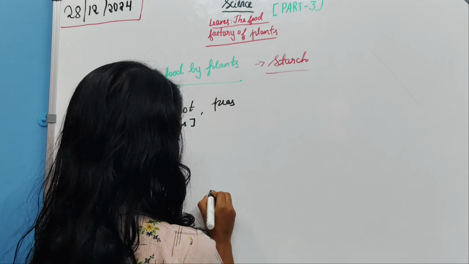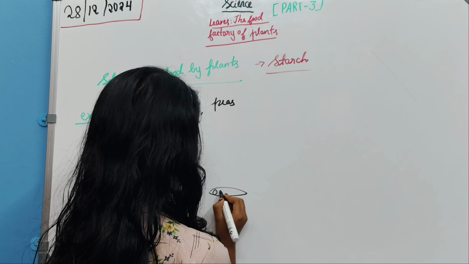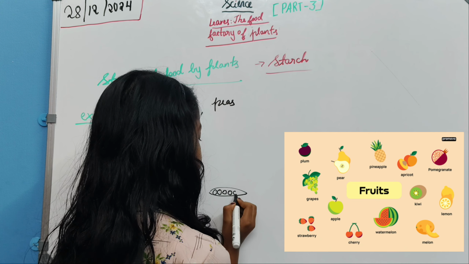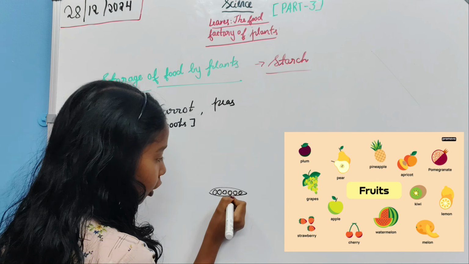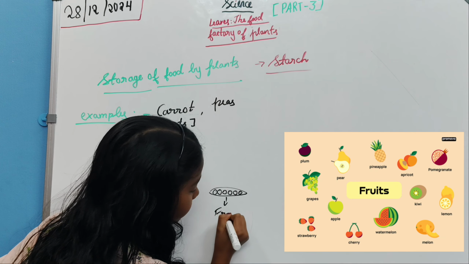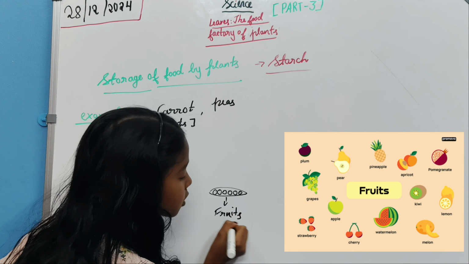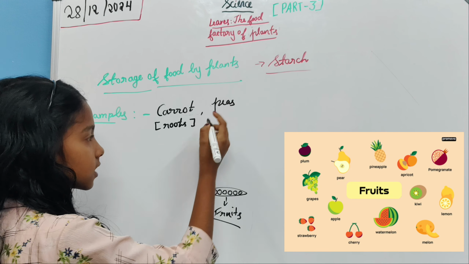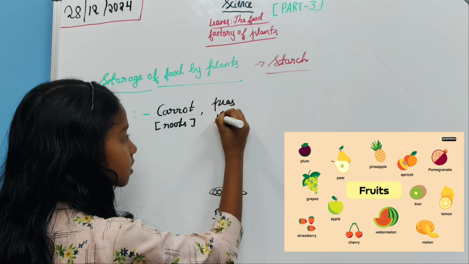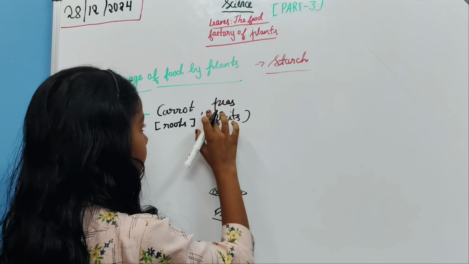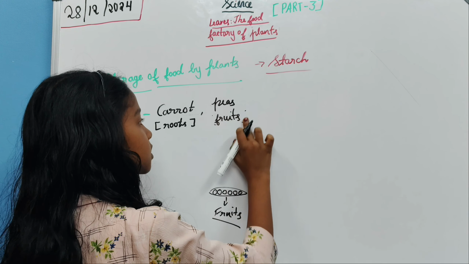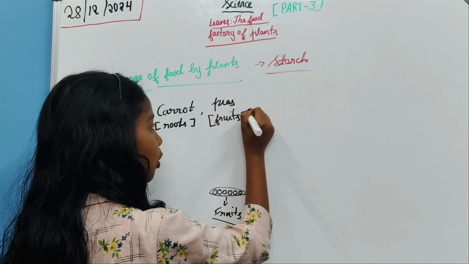This is a pea. These are the fruits of the peas. It stores the food in the form of starch in the fruits.